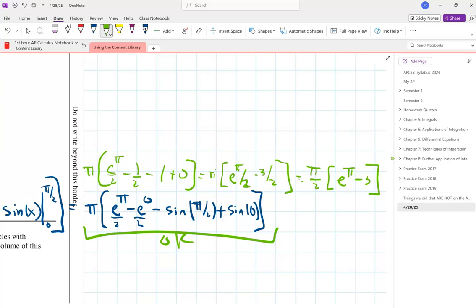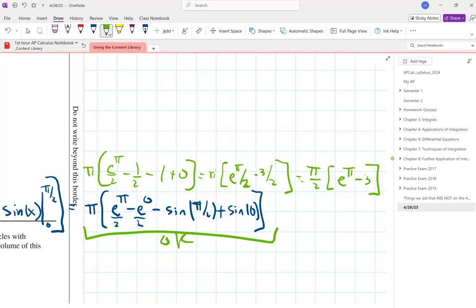If you think you're done, don't circle the final answer. Let them find it, because if you have the correct answer somewhere and then you go on past it, make a mistake, if you haven't announced this is my final answer, it's on them to choose your final answer. And I think more often than not, you'll get the marks because it's on there, even if afterwards you did something to mess it up.